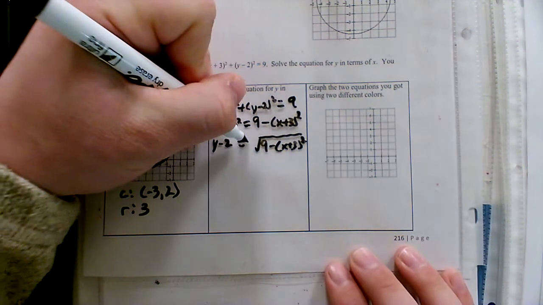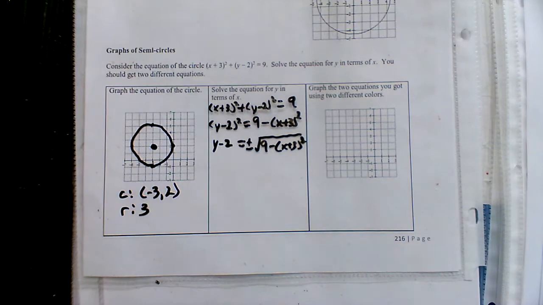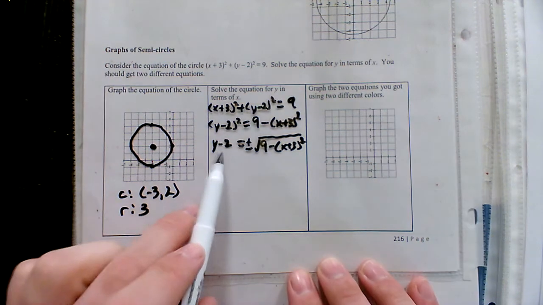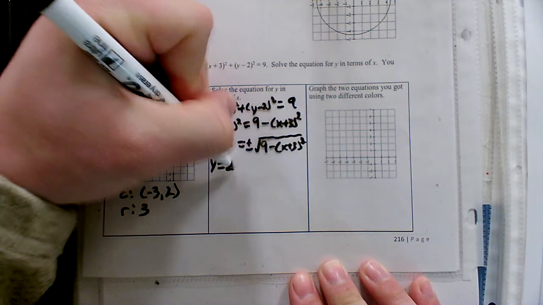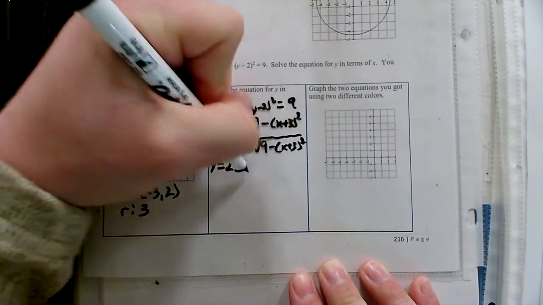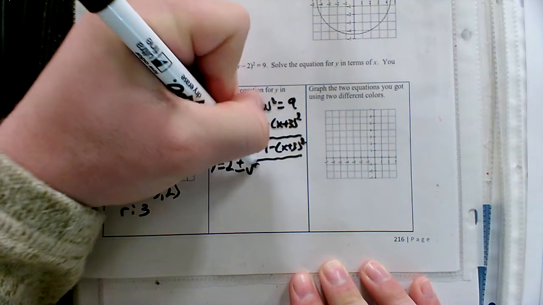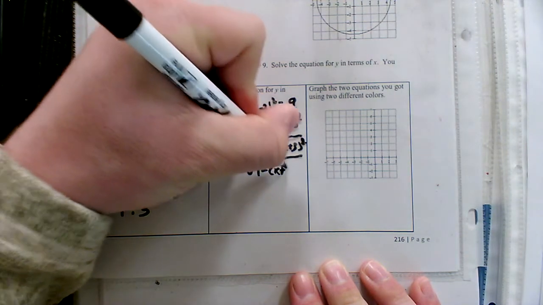Yeah, the plus or minus. We're really close. We have one step left. We need the y by itself, so we have to add 2 to both sides. So I would get y equals 2 plus or minus the square root of 9 minus x plus 3 squared.